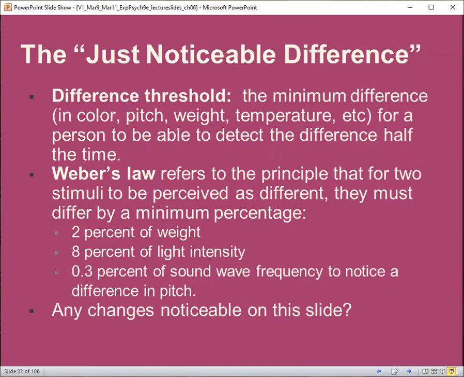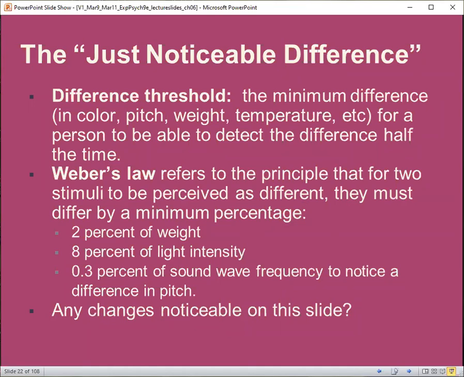So when it comes to weight, you need to have a 2% difference of weights before you notice a difference between the weights. So if you have only a 1% difference between 2 weights, one in one hand, the other in the other hand, let's say you're ambidextrous, so just as strong on each hand, may be unusual, but let's say that is the case, you will not be able to determine that one weight is heavier than another until it gets to that 2% difference.